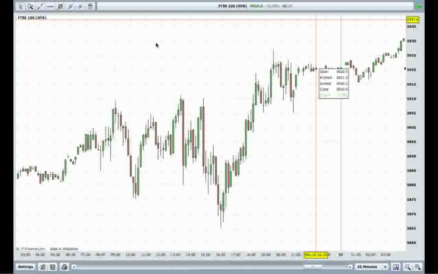Now I live in Thailand, so I've got a bit of a time advantage. I have quite a few hours before the markets open in the UK to really digest what's happened on the American session and also the Asian session as well. I'm using a combination of gap analysis, Elliott wave analysis, and also price action to establish the short-term direction for the FTSE.